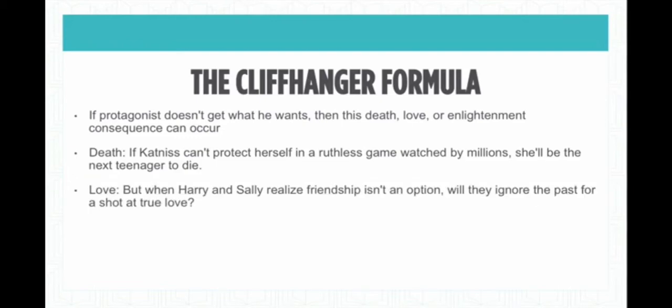Love. But when Harry and Sally realize friendship isn't an option, will they ignore the past for a shot at true love? Remember, we talked about stakes last time. In the death one, stakes are death. In the love one, stakes are they might not get together.